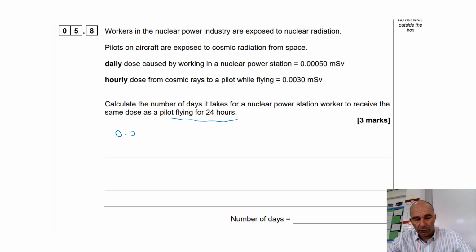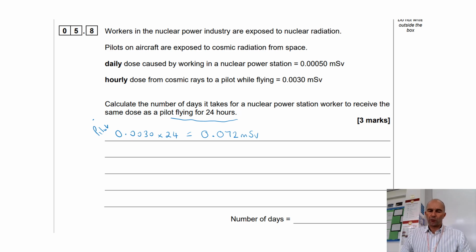So 0.0030 multiplied by those 24 hours. So this is what happens to the pilot. Put those numbers into your calculator, and the daily dose of our pilot is 0.072 millisieverts. Now, a worker in a nuclear power station is receiving 0.00050.